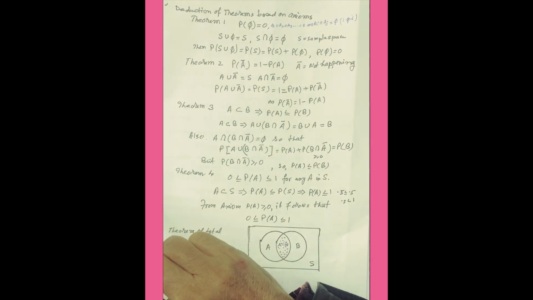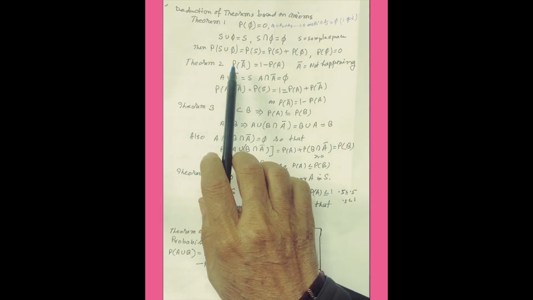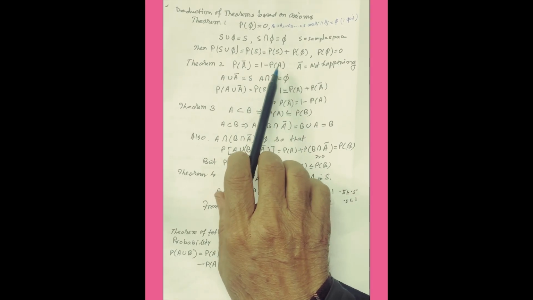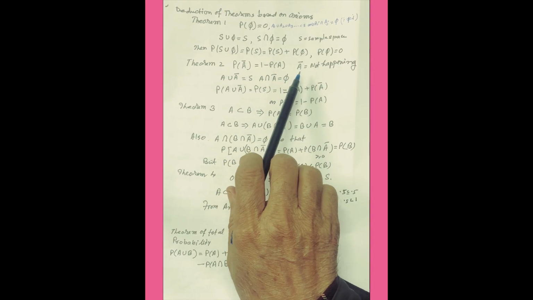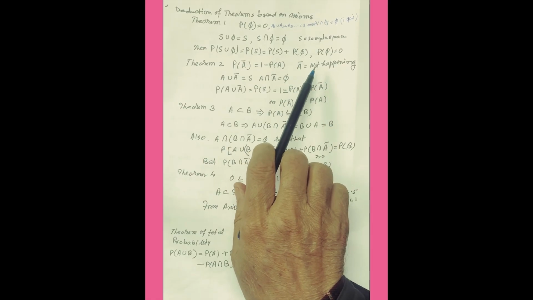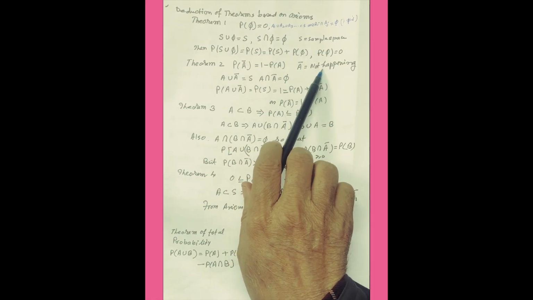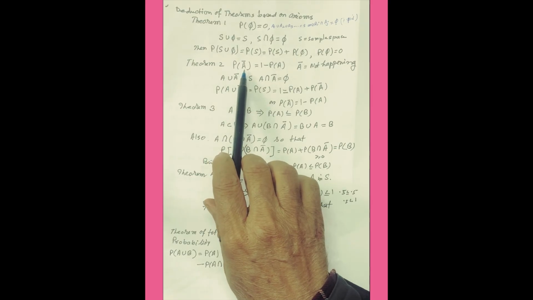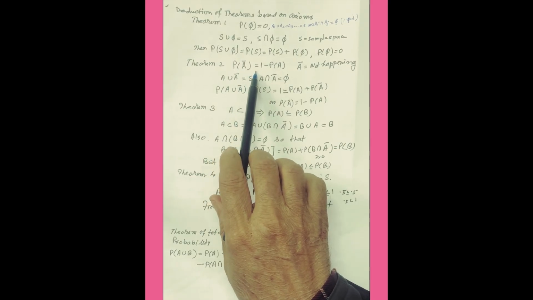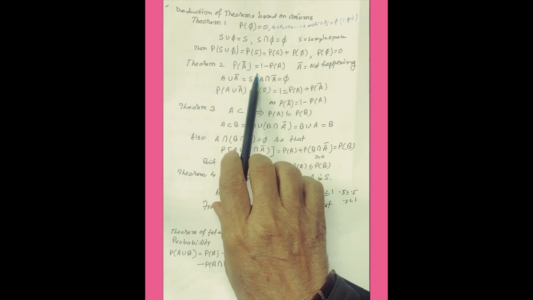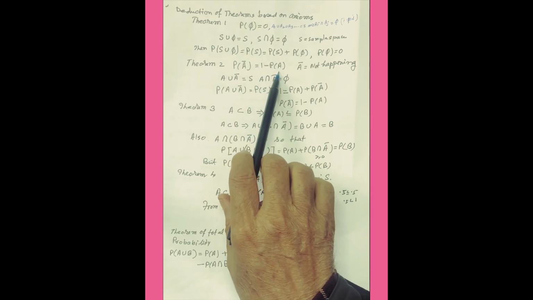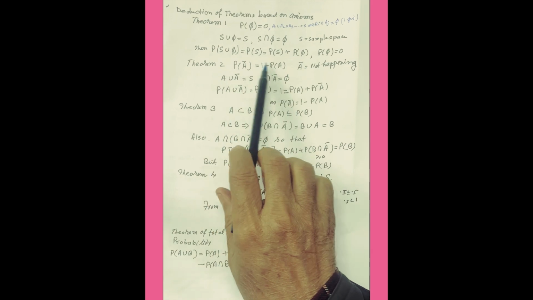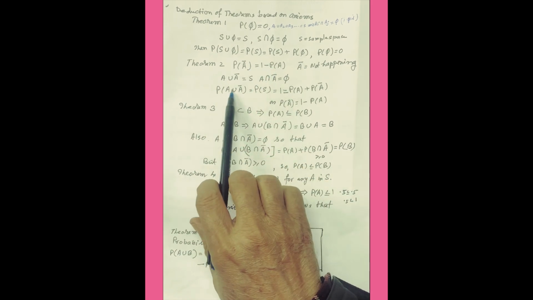Then theorem 2: probability of A bar is equal to 1 minus probability of A. A bar is nothing but the event not happening. So the probability of the event not happening is equal to the total probability 1 minus the probability of it happening. Now how to prove this?